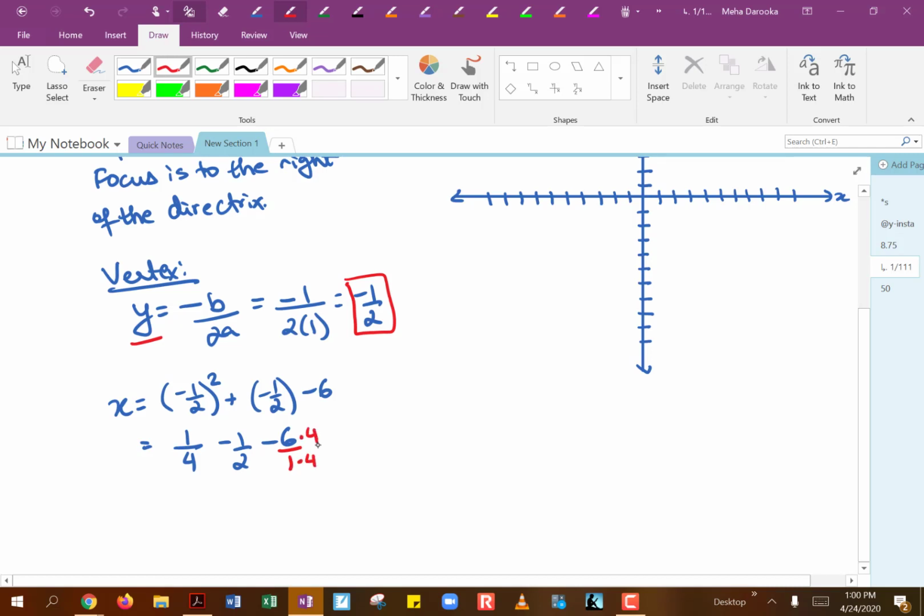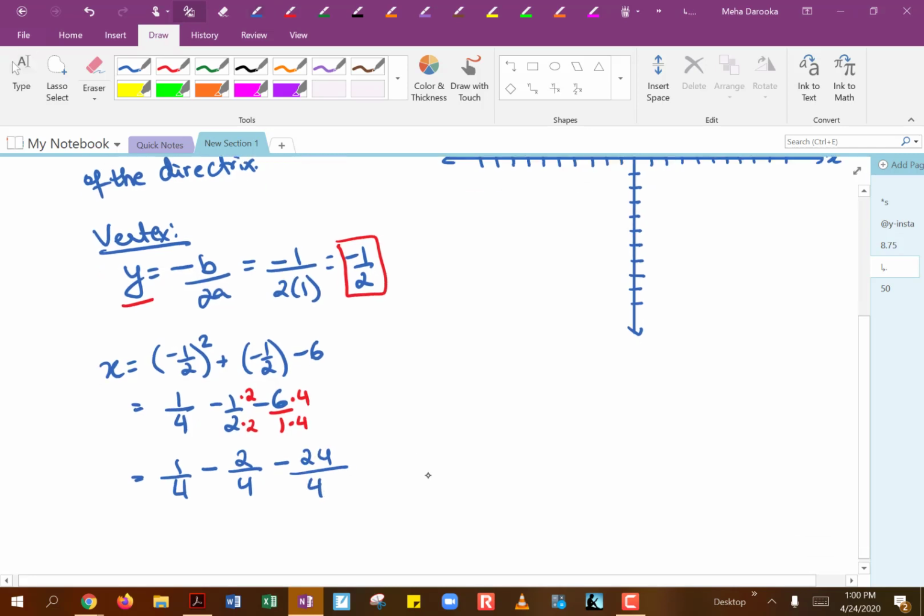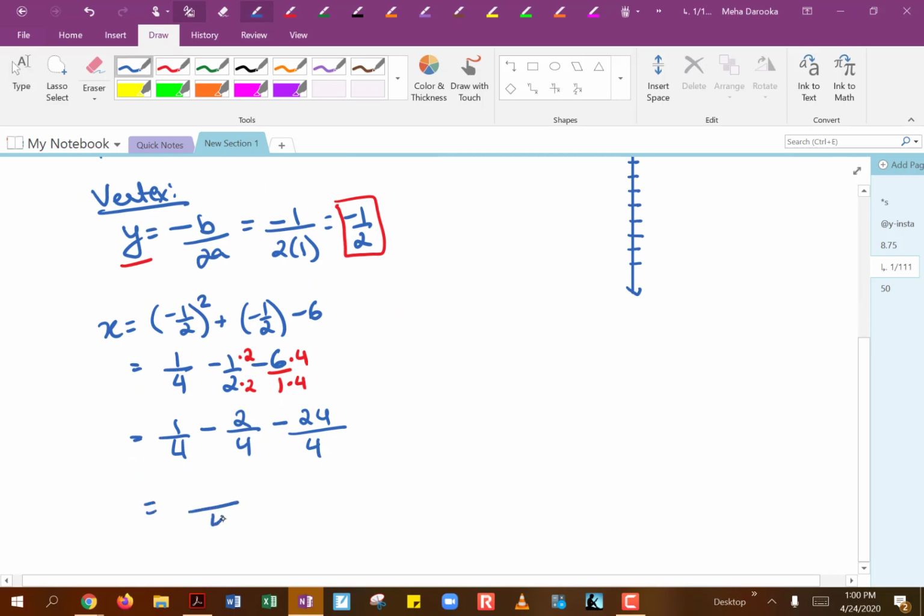The 6 over 1, multiply that by 4. The negative 1/2, multiply that by 2. And we will end up getting 1/4 minus 2 over 4 minus 24 over 4. Now that you have a common denominator, you can add all the numerators. So 1 minus 2 is negative 1. Negative 1 minus 24 will end up giving us negative 25. And this is our x value.